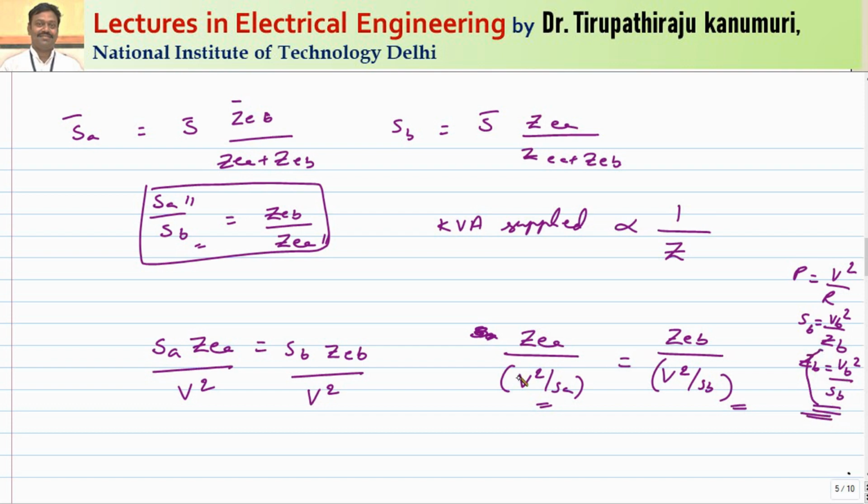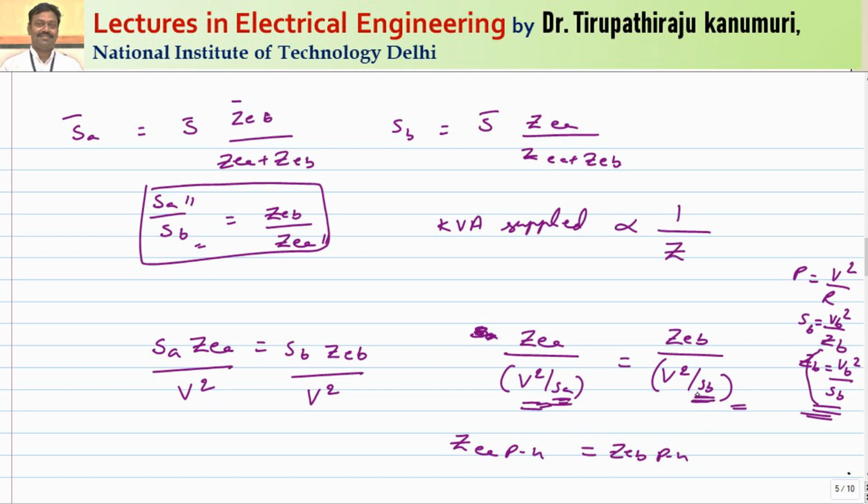So I can represent this as the Z base, because here we are taking SA as the base. Similarly here we are taking SB as the base. So this gives ZEA per unit should be equal to ZEB per unit, which are referred to their own base values. They are not referred to a common base, because here the base is taken as SA, here the base is taken as SB.